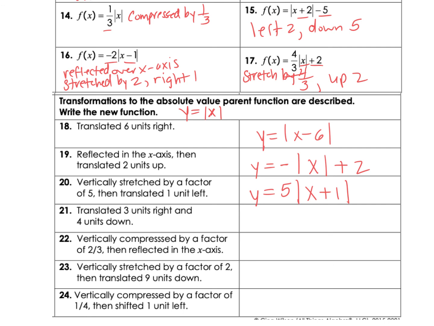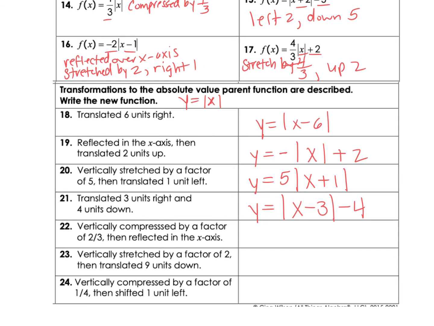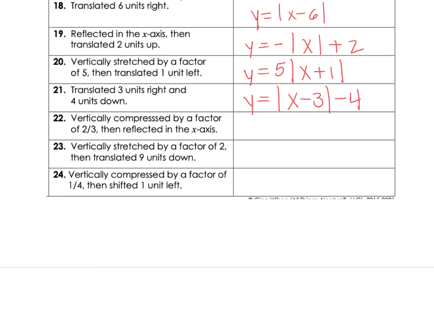Number 21, translated 3 units right and 4 units down. So 3 units right would be minus 3, and then 4 units down would be minus 4. 22, vertically compressed by a factor of 2/3, then reflected. That means 2/3 is negative.